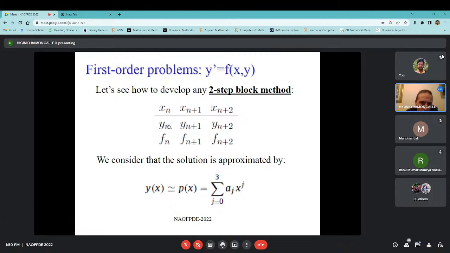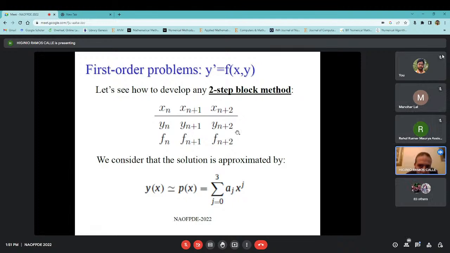So yn is known and fn is also known. So in fact, here we also have two unknowns, because fn plus 1, fn plus 2 can be put in terms of the other values. So the unknowns are yn plus 1, yn plus 2. So we have two unknowns here.